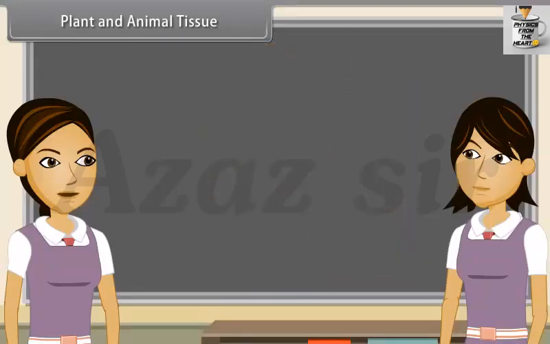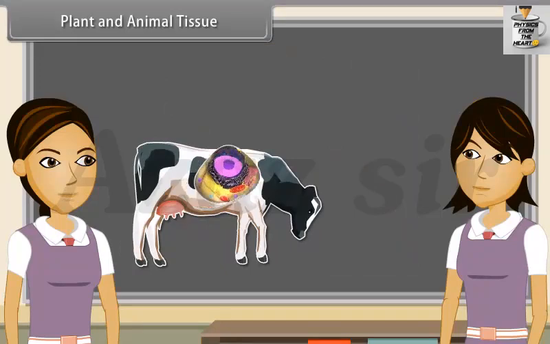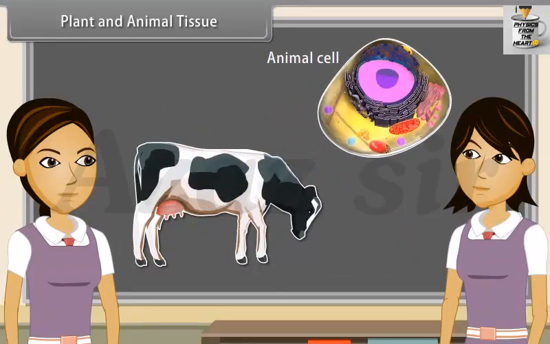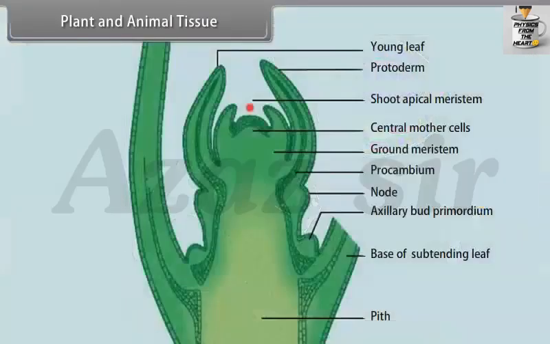Yes, I know that animals are heterotrophic and have to move around in search of food, mate, and shelter. So they need more energy in comparison to plants. That is why most of the tissues in animals are living. One more big difference between plants and animals is pattern of growth.